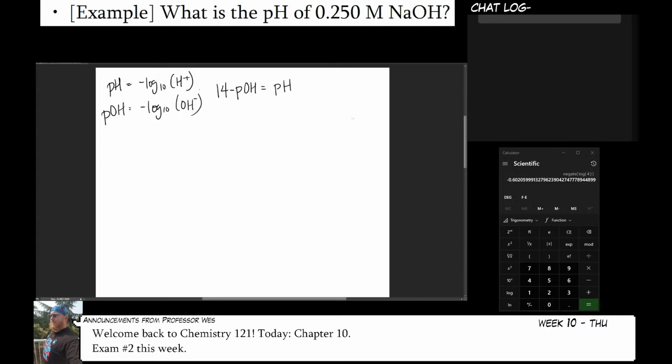Okay, so we know the pOH of our solution by saying, okay, sodium hydroxide is a strong base. It will dissociate completely. So 0.250 molar sodium hydroxide will dissociate completely into these two things, of which I will have 0.250 molar of both.